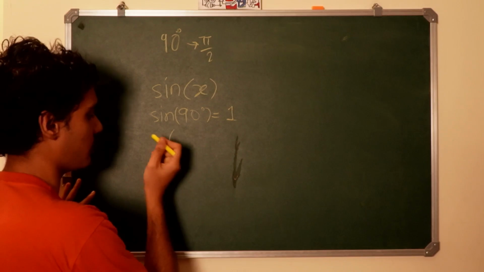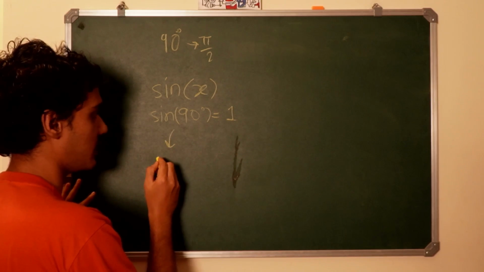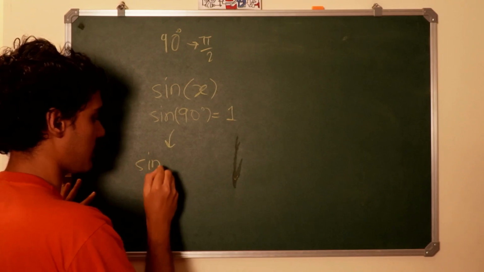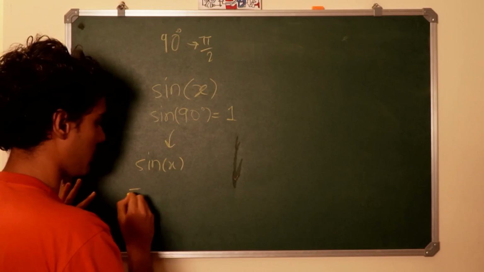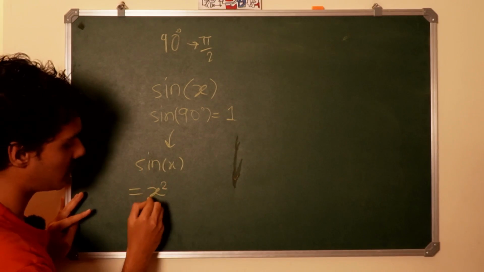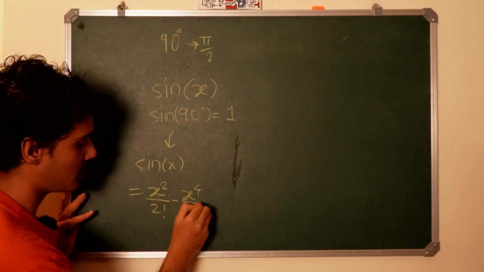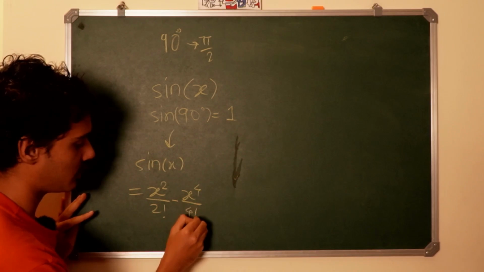it has to be 0 in the beginning, so there's no constant. So let's say sine x equals x, it can't be odd, so it must be x squared by 2 factorial minus x raised to 4 by 4 factorial and so on.